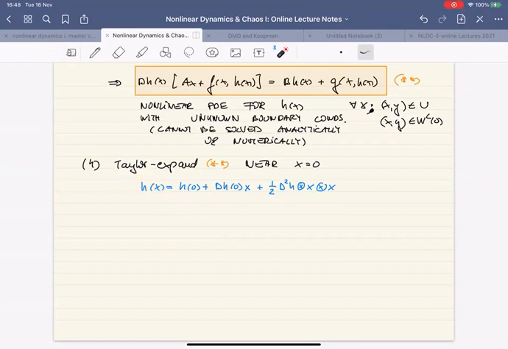Okay, so the first of these contracts h down to a 2x2 matrix, if you will, and then this is just the 2x2 matrix applied to a vector, and it gives you a vector of the same dimension. Okay, and then I'll stop there, and this is the high order terms.